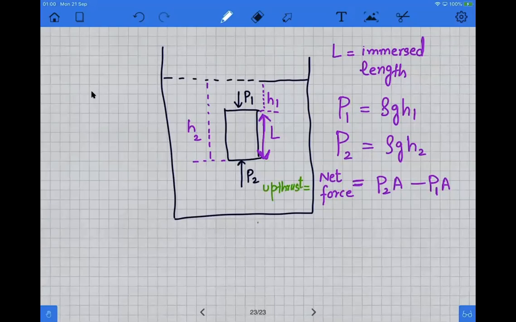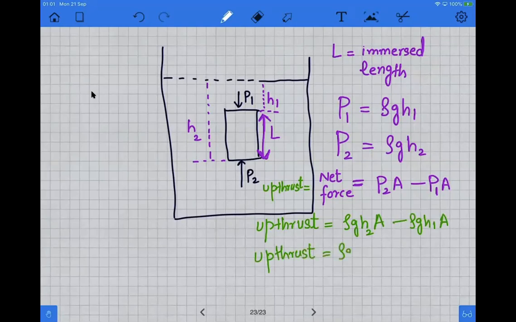then the upthrust, which is the net upward force, can be given as P2, which is rho G H2, into A, minus P1, which is rho G H1, into A. So rho G into A is common.